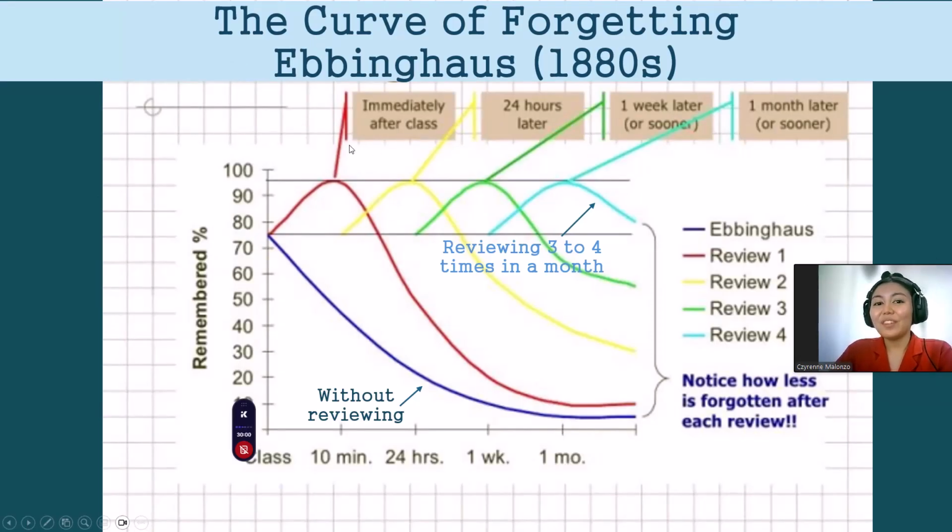This theory was presented by Ebbinghaus in the 1880s, and even though it's already 2024 today, this is still very true. This is popular because we know that when we do not review something, we always tend to forget it.